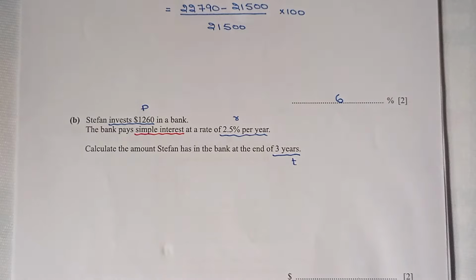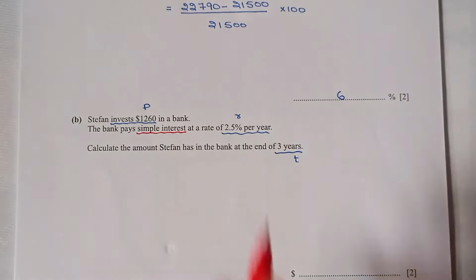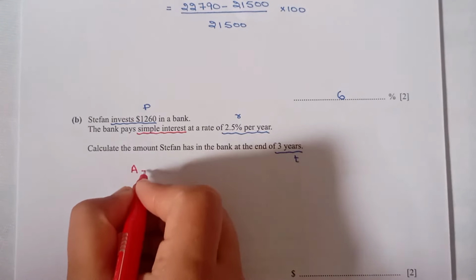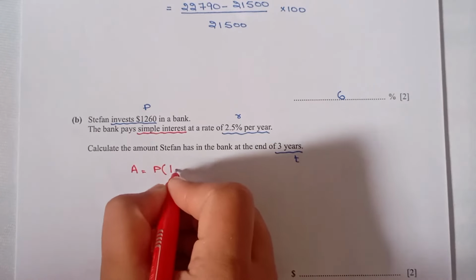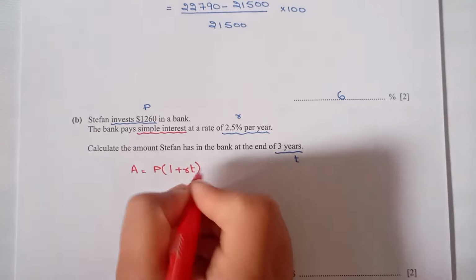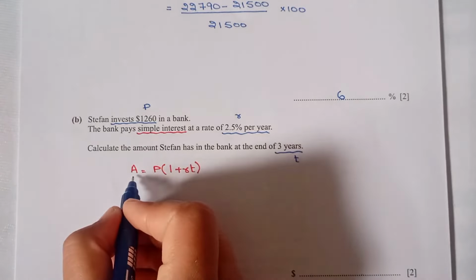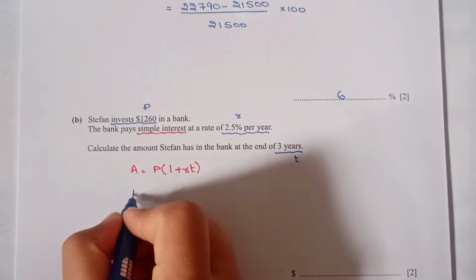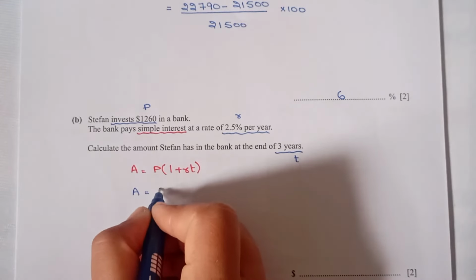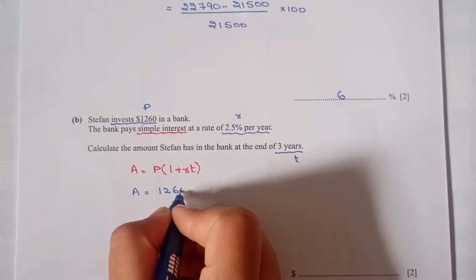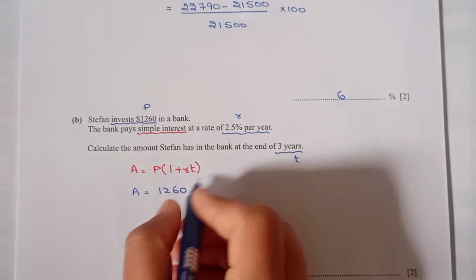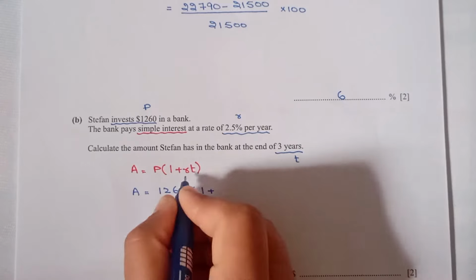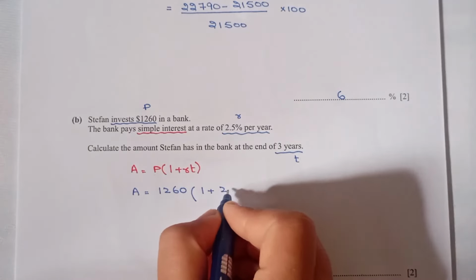Okay, so we need to use the formula for simple interest, that is A is equal to P into 1 plus RT. A is the amount that we are going to calculate. P is the investment, that is 1,260, into 1 plus R, the interest rate, that is 2.5%.